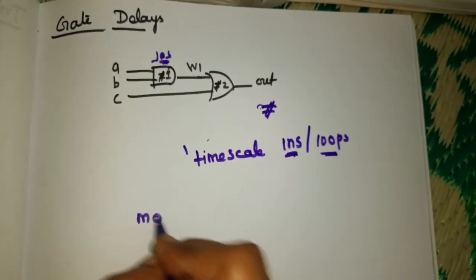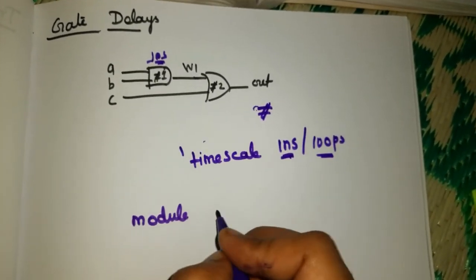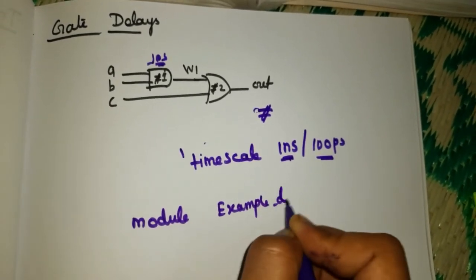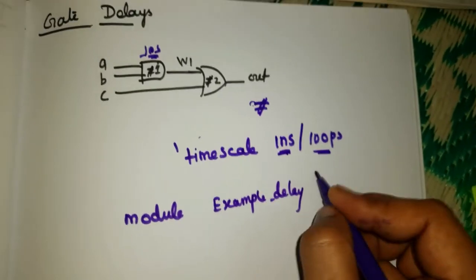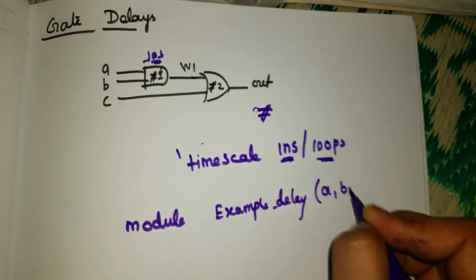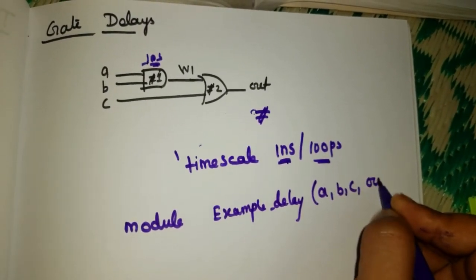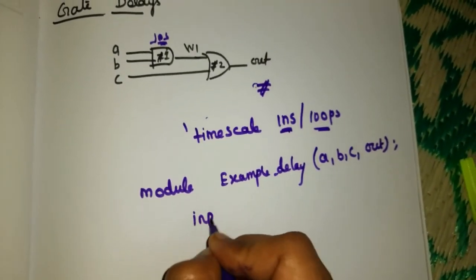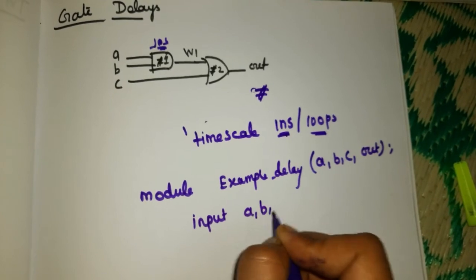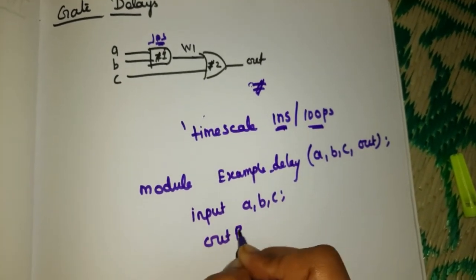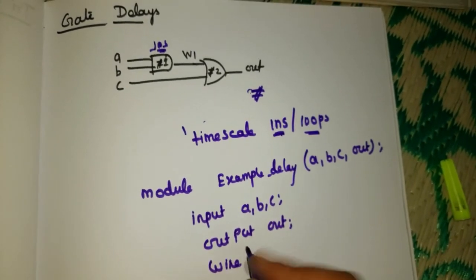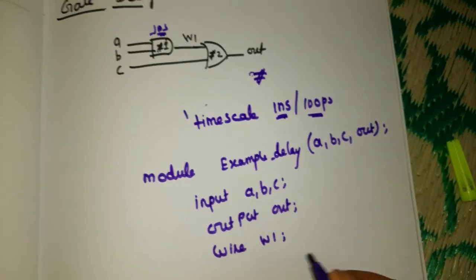So first we declare the module and module name here, inputs are A comma B comma C and output is out. Also input A comma B comma C, output is out, and here we need one wire W1.